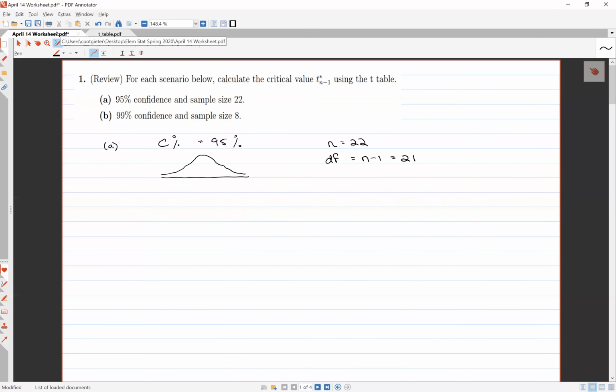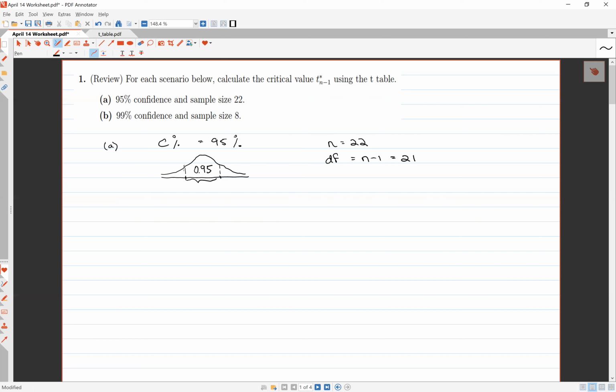Now, what that's about is if we're saying C% confidence, what we're saying is in the middle of our bell curve, we want area 0.95, or we want 95% of our probability to be in the middle.